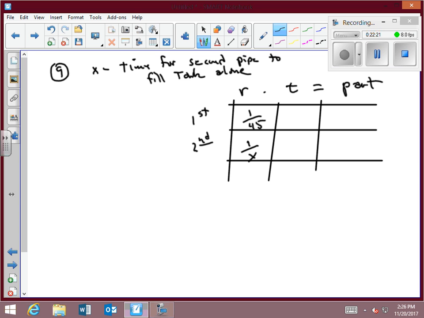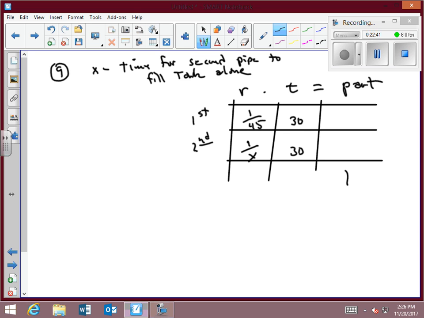Now it says 2 oil pipelines can fill the small tank in 30 minutes. So that would be the time that each of them is working when they're working together, right? So 30 minutes, and when you run that, what are you going to get? One job done, right?